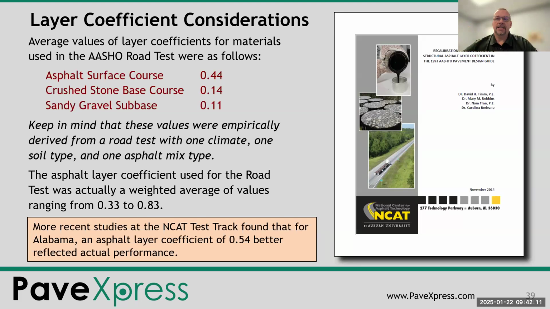Now they recognize that all of our asphalt mixes are the same, so they should all be 0.44. But there are some states that have increased the asphalt layer coefficient up to 0.54 based on research that was done on their materials. I would say typically the AASHTO recommendation of 0.44 is good. If you want to be a little more conservative, you can be like MDOT and use 0.42.